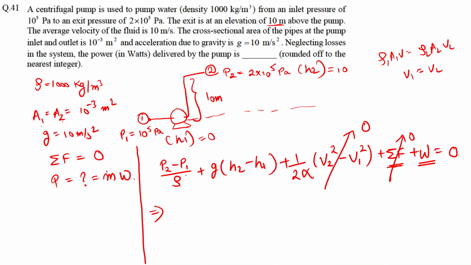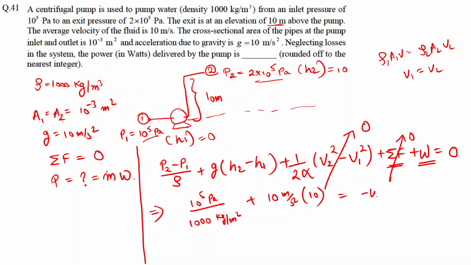So over here we can write that P2 is 2 into 10 raised to 5 and P1 is 10 raised to 5 Pascal. So P2 minus P1 will be 10 raised to 5 Pascal upon density, we have been given as 1000 kg per meter cube. Then gravity constant is 10 meter per second square, and height H2 minus H1 is 10 meter.